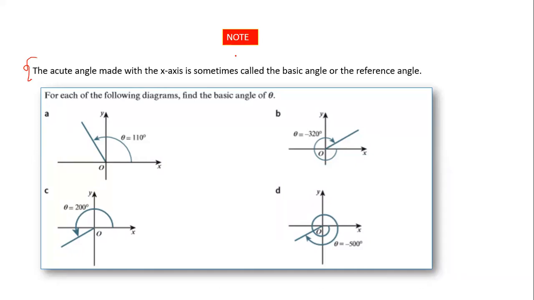Yeah, I'm seeing very many answers coming in, which is very good.